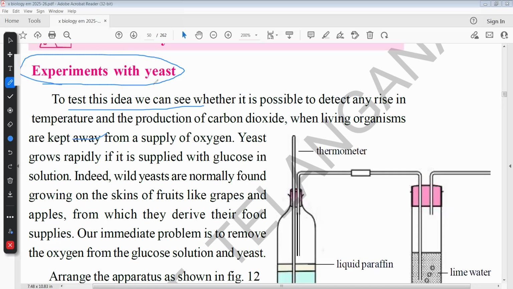This experiment with yeast should remind you of anaerobic respiration. Anaerobic respiration definition: it takes place in the absence of oxygen. When living organisms are kept away from the supply of oxygen, yeast grows rapidly if it is supplied with glucose in the solution. Now let us go to the apparatus.